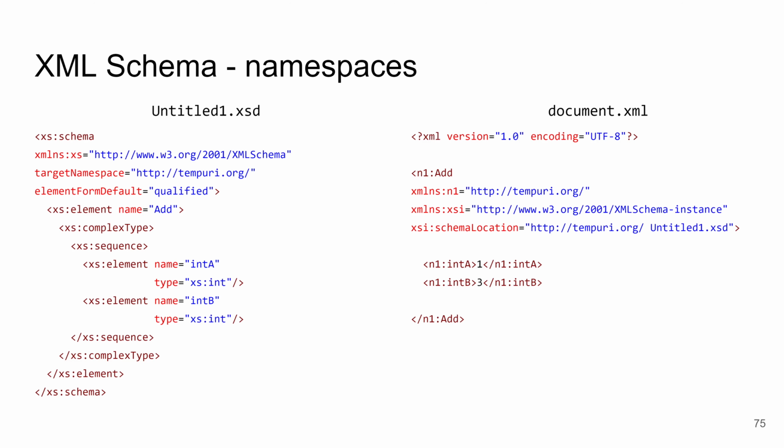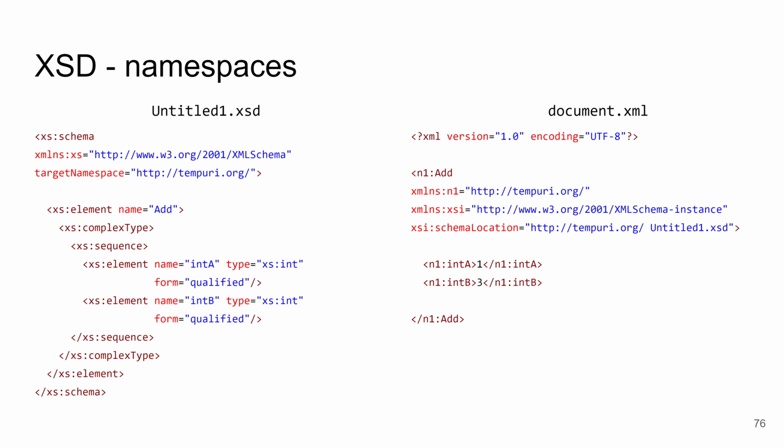The reason this attribute is on the schema element and it has the default is that like this, it is defined for all the elements in the schema. The alternative is that you can define the form for each defined element separately, which is of course lengthier because you need to repeat the form attribute on each element definition.